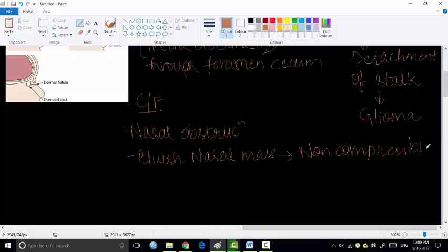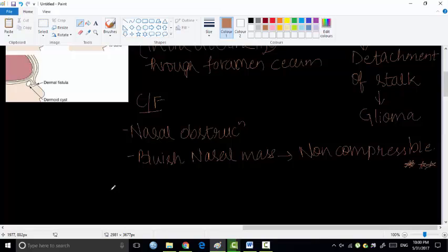See the difference between encephalocele and glioma. Glioma is a non-compressible mass, but encephalocele or meningoencephalocele is a compressible mass. So this is the major difference between glioma and encephalocele, right?